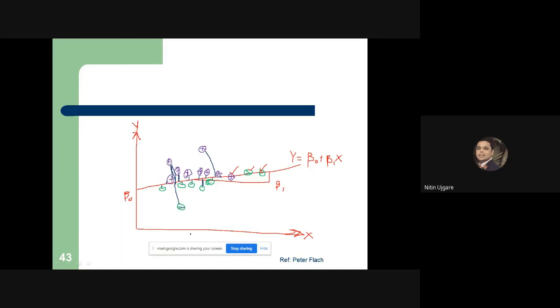But in geometry, we do not take negative distances. So that's why we take a square to make the negative distances positive. Okay, fine. So whatever the error is, suppose the error of this instance is -1, then we'll just take the square of it.